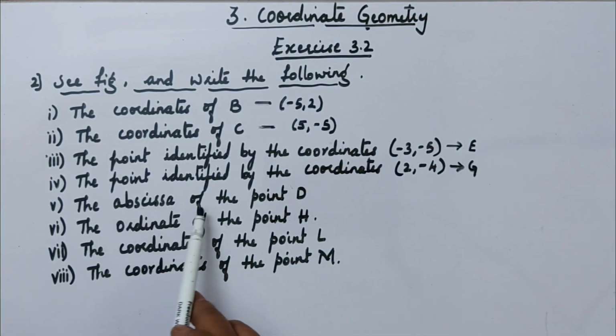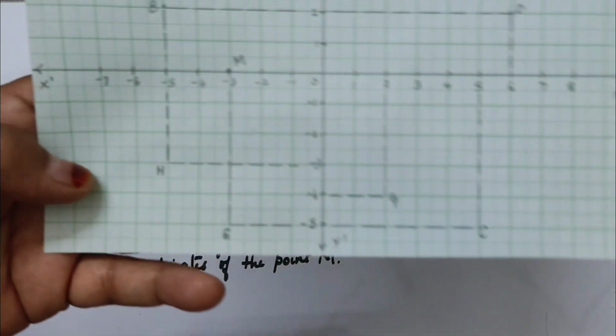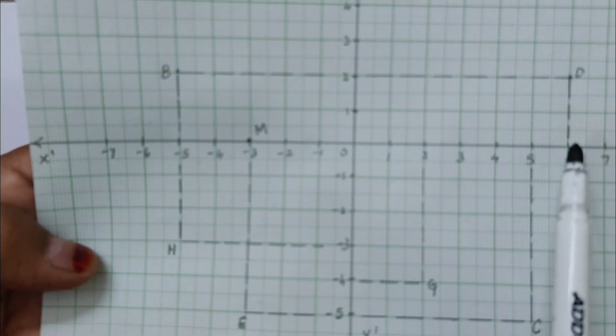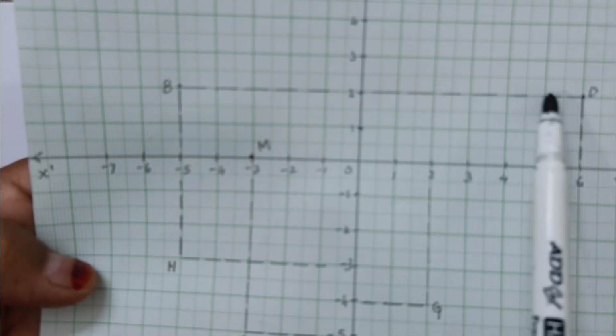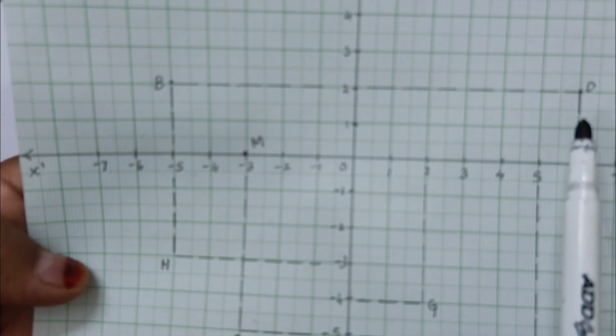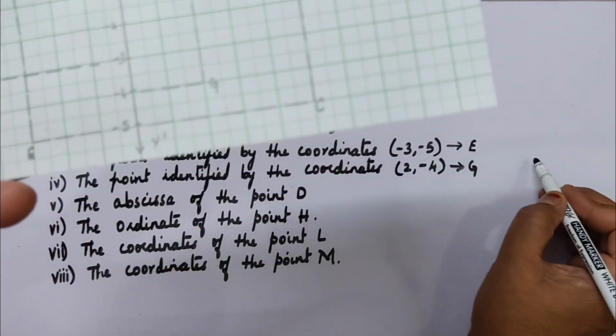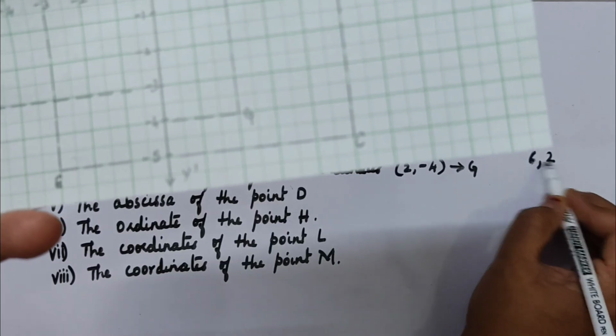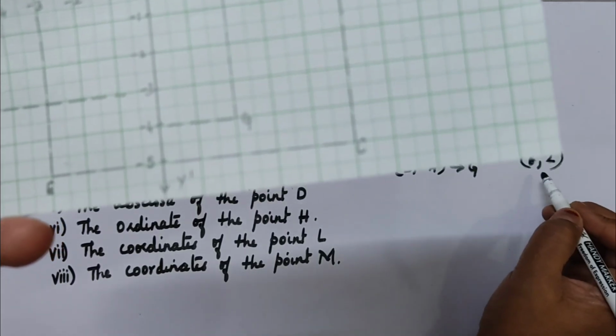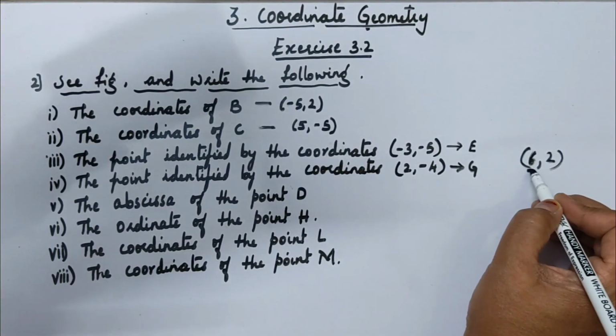Now the abscissa of the point D. The coordinates of D are 6, 2. So the abscissa will be 6.